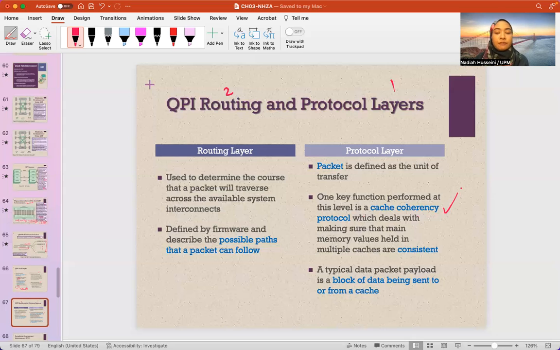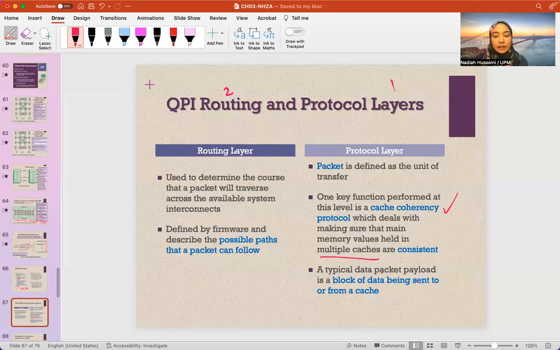I want you to remember the functions of each layer. We had the flow control unit, and now we're talking about the protocol layer and the routing, right? So the protocol layer function is to perform the cache coherency protocol. What that means is that it ensures that multiple caches are consistent in data.